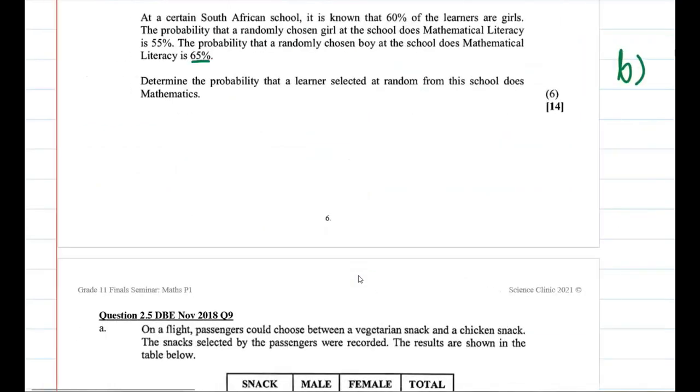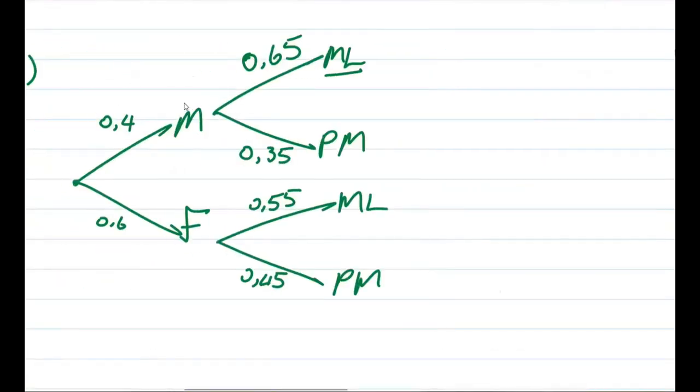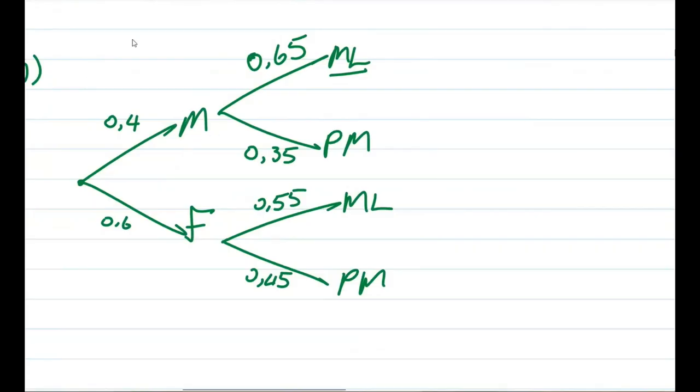Now we can answer the question where they say determine the probability that a learner selected at random from the school does mathematics. Good. So you can have two different situations, right? You can either have a male who does pure mathematics, or you can have what?